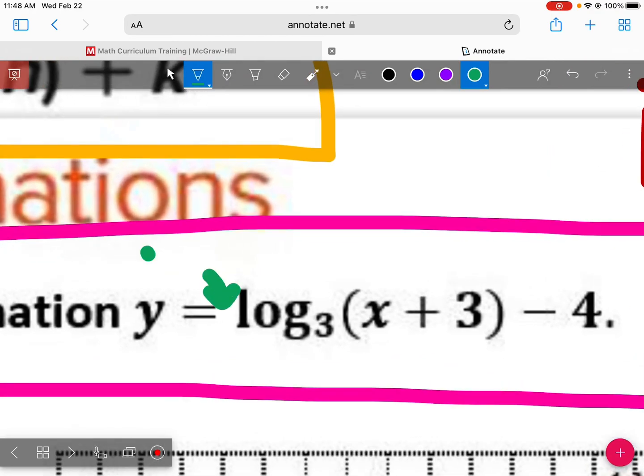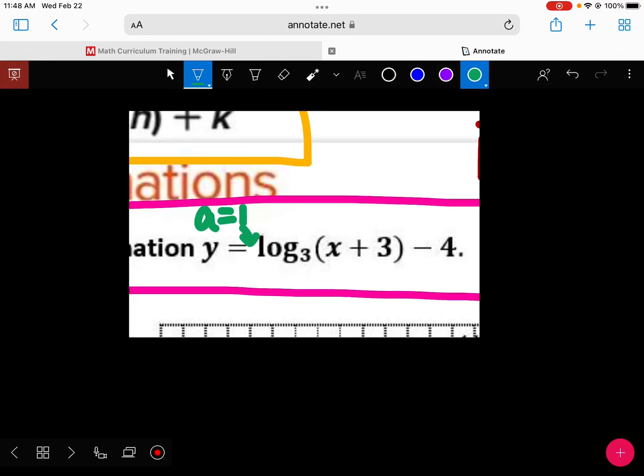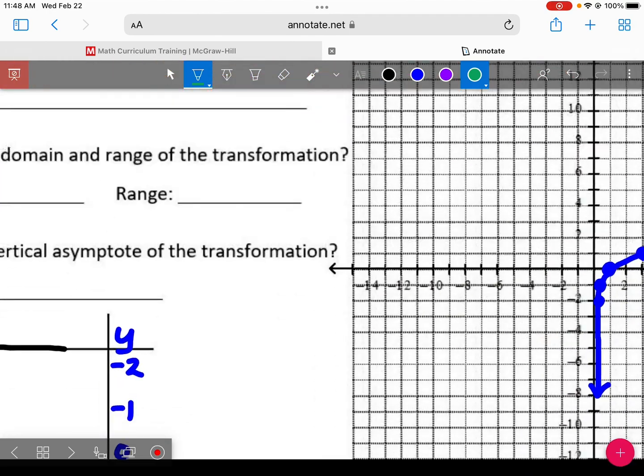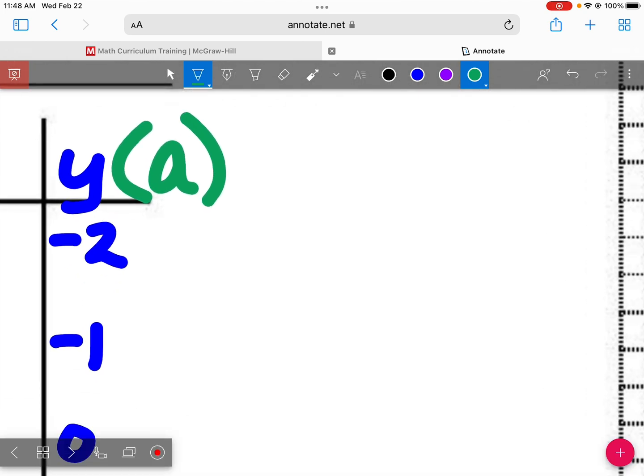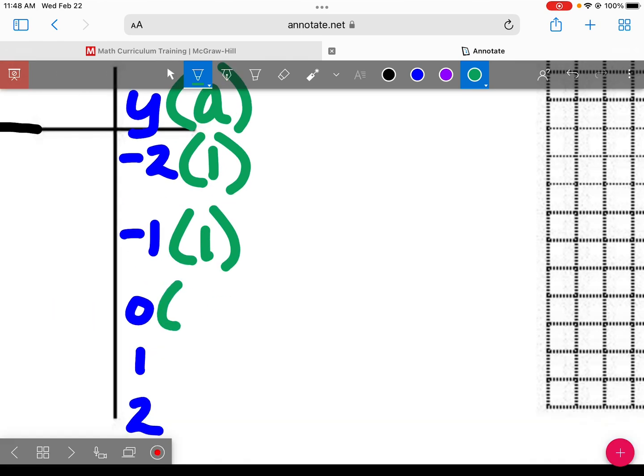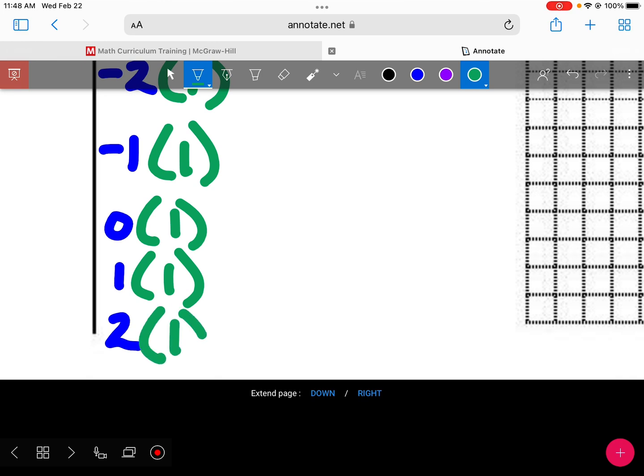Yep, right here. A equals 1. We multiply our y's by A. If I multiply all these by 1, does anything change? No. So will this do anything to my graph? Nope. We are going to add K, but my A I don't have to describe in my transformation because it's not changing anything. Does that make sense? Okay.